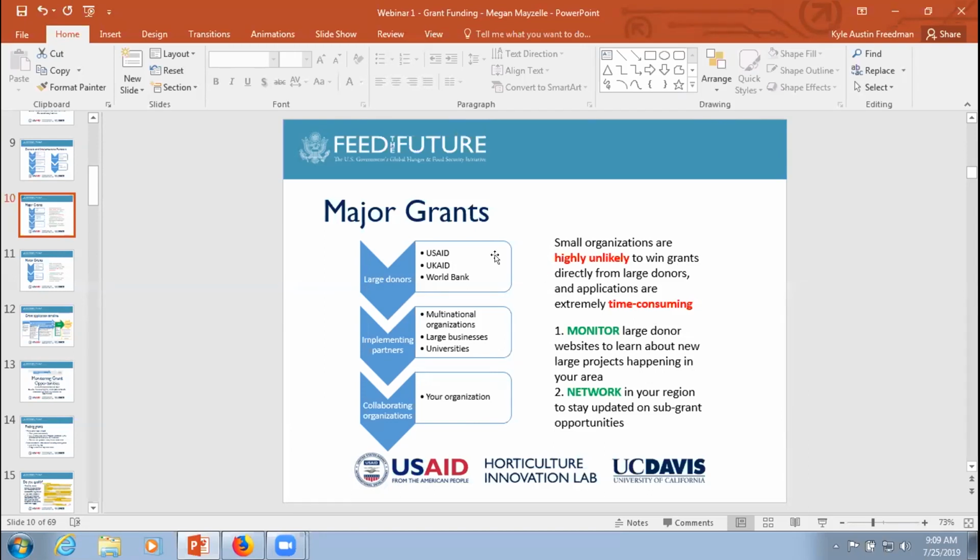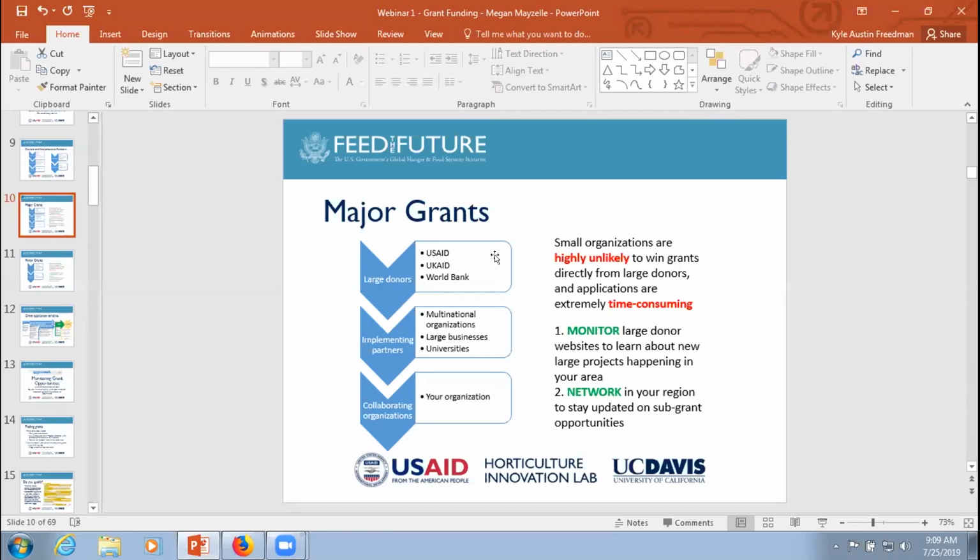They will tend to fund, for example, implementing partners like CGIAR, the International Agricultural Research Consortium, and Catholic Relief Services. One Acre Fund has gotten into that implementing partner category. That's a great example of an organization that has moved from the small collaborating organization category up into the implementing partner category.